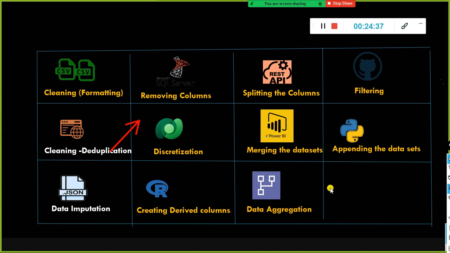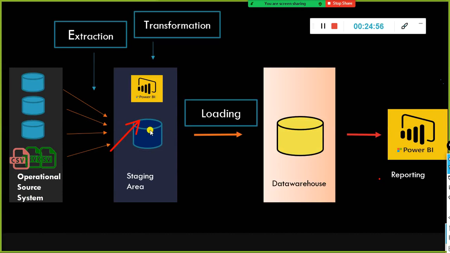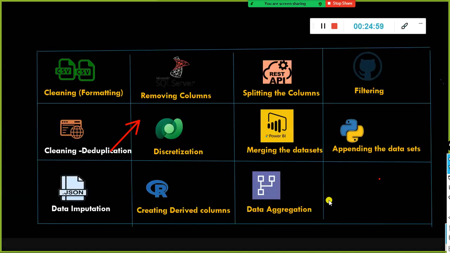All these tasks we do in the Power Query editor, which means in the source, in the staging area. You remember the staging area I showed you earlier, right? In the staging area, once you have all the source system data available here, you do all kinds of transformation.